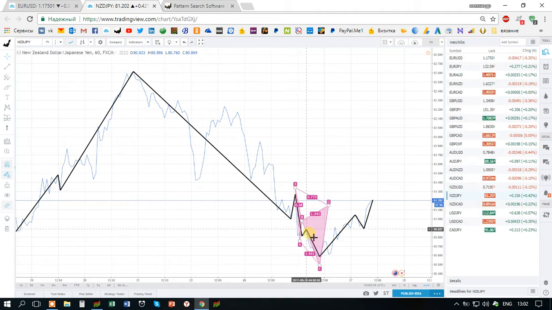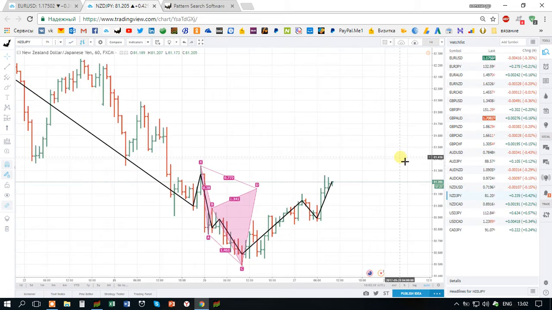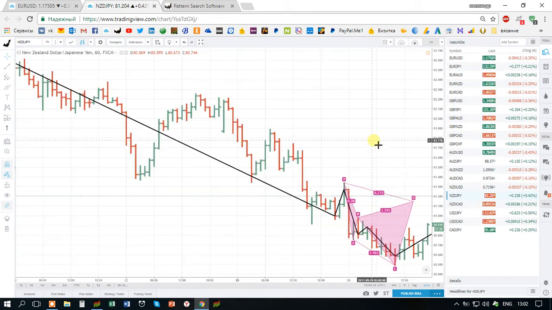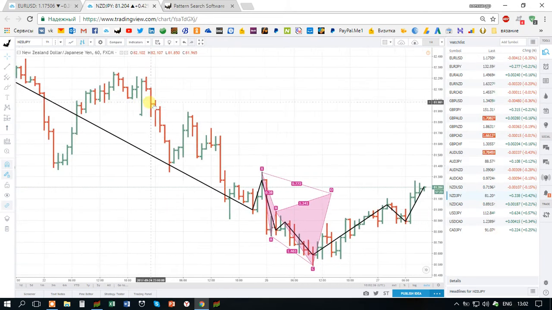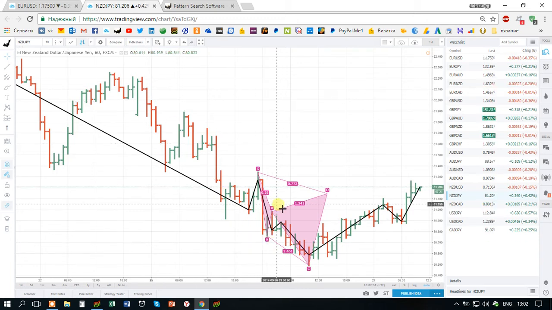So the zigzagging formation followed by the breaking of this B point, and if we switch to the bars, we will see that A and B are next bars. I actually don't like the situations when they are next bars, but nothing wrong with that.